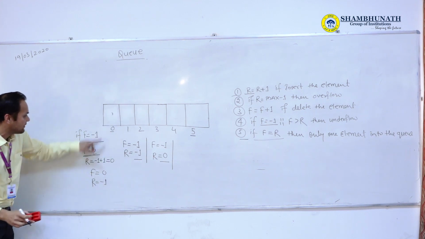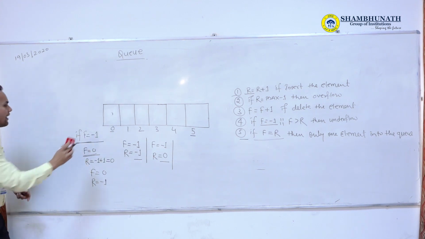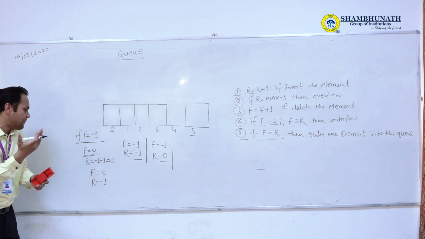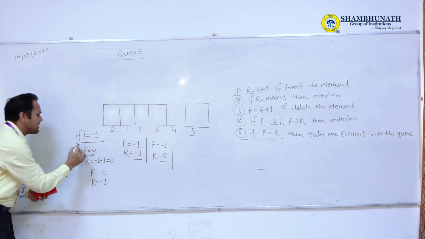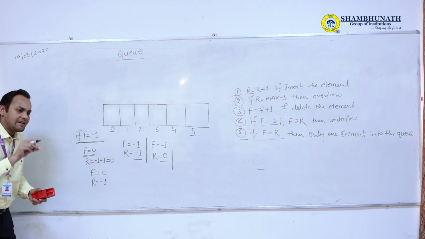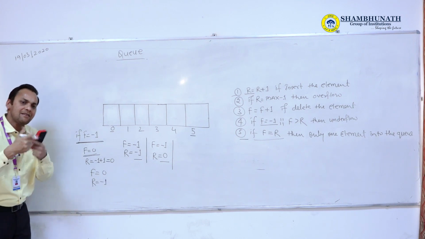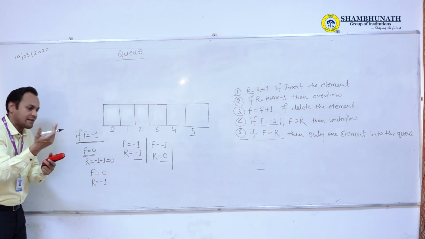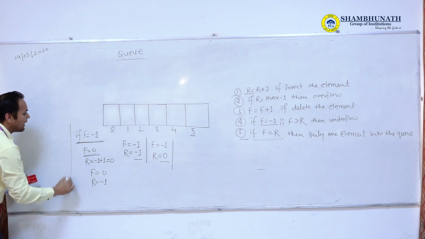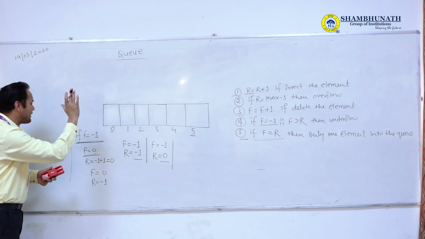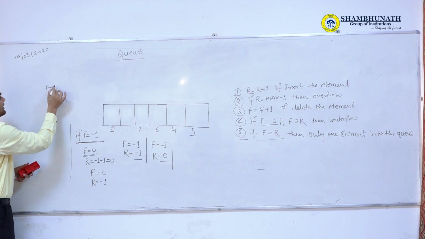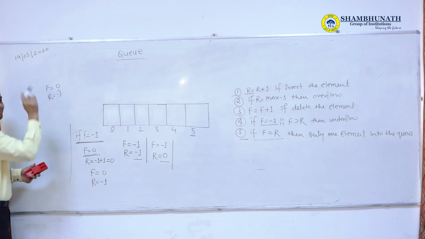There is no element because I am saying before inserting the element, first check the position of front. If front is -1, then change the position of front before inserting the element. That means there is no element in the given queue. Front is 0 and R is -1.